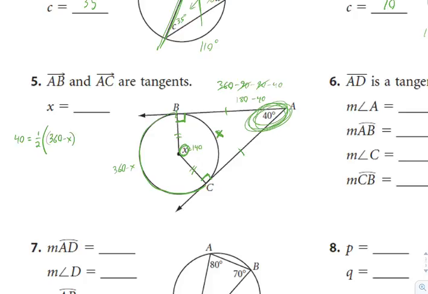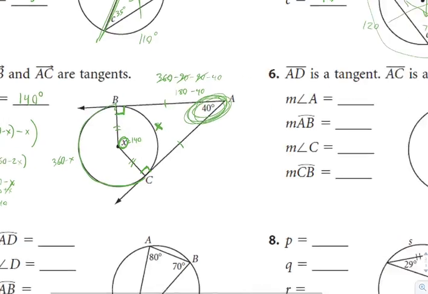And then minus the small arc. So 1/2 big minus small, and then just a little algebra, 40 equals 1/2 360 minus 2x, distributing that in, 40 equals 180 minus x, adding x to both sides, subtracting 40 from both sides, we get that x equals 140. So same thing either way.